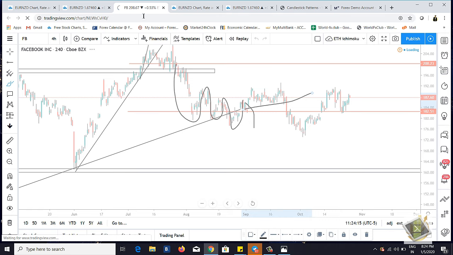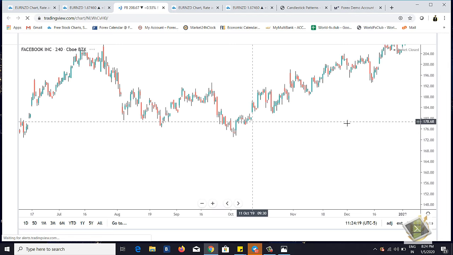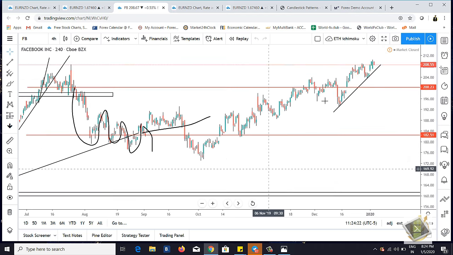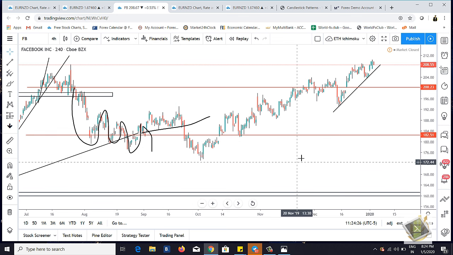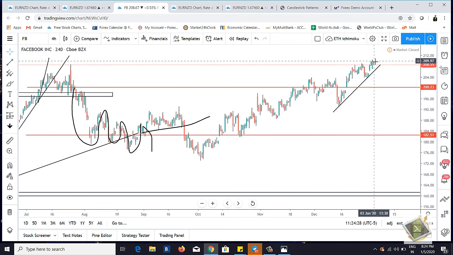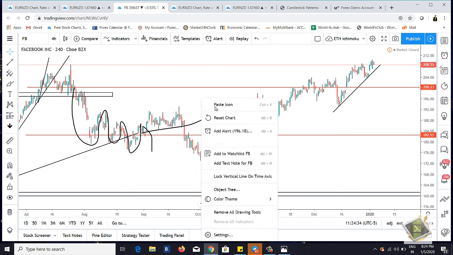Taking a little time. Let's see. Okay, so after that price went up. So this was just our previous analysis and we were just testing what is happening. So same thing, if you see a break of prices here and then you see the same pattern forming, then you can sell it. Okay, so I'll remove it.